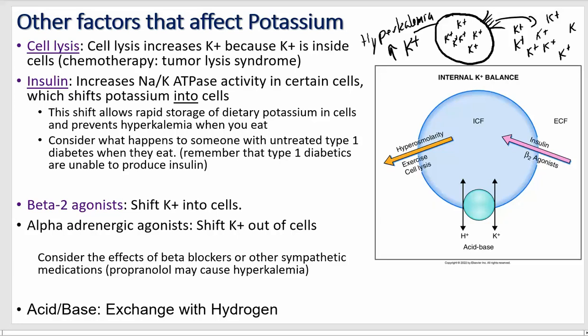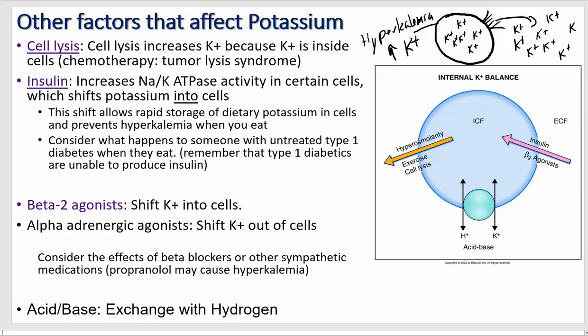So the example I put here is chemotherapy with tumor lysis syndrome, but it can also be from any kind of necrosis that happens in the body. If you have infarction, wounds, injuries, crushing, if you lose blood flow to an area and cells just start to die and lyse and break.